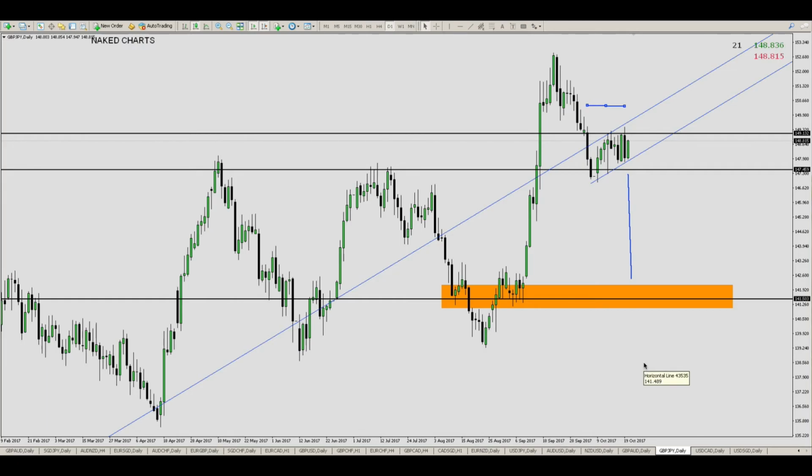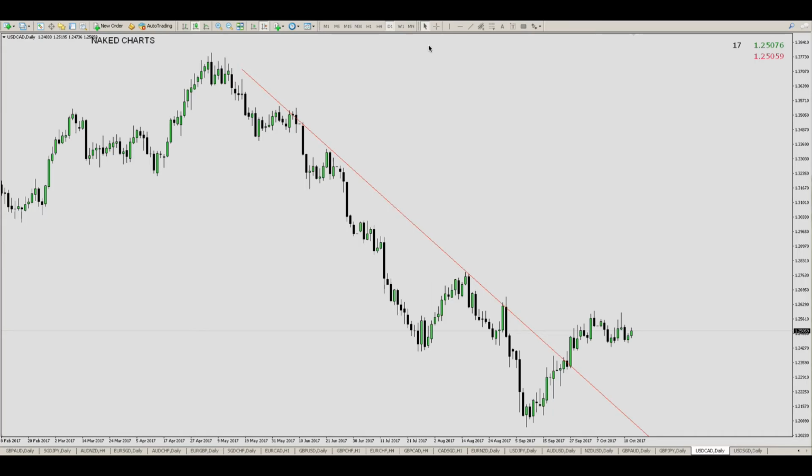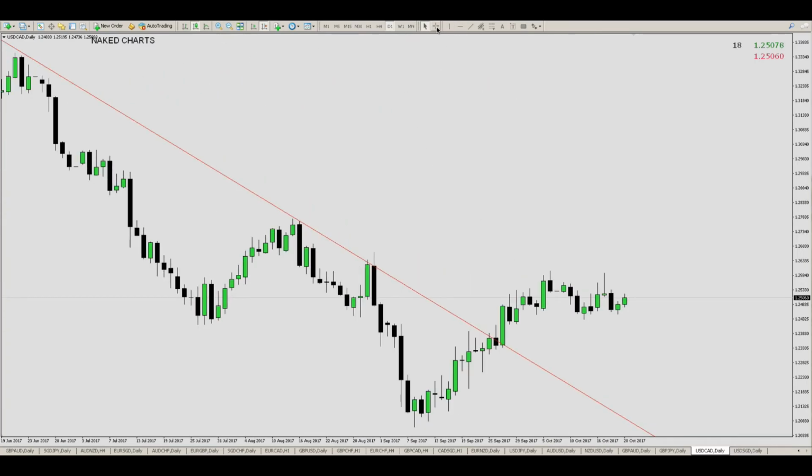Now my bias is selling based on the latest price action. Okay, and USD Canadian dollar also. So right now you can see the price here. I told you to sell here, but I see some changes now in the price action. For me, it already changed.